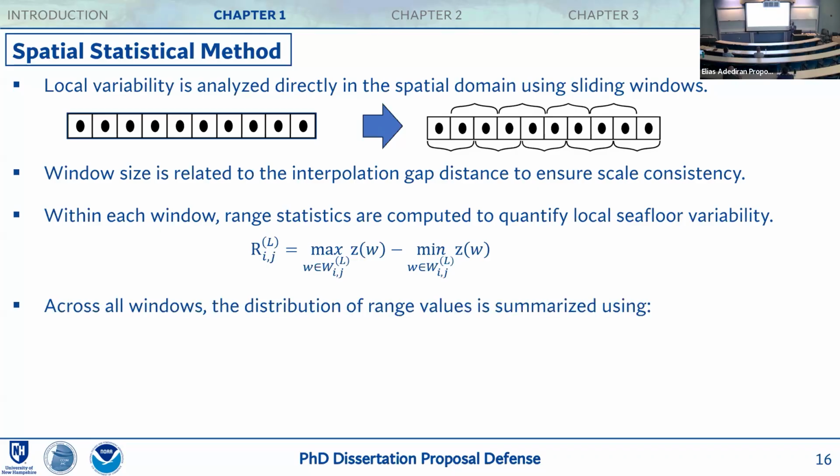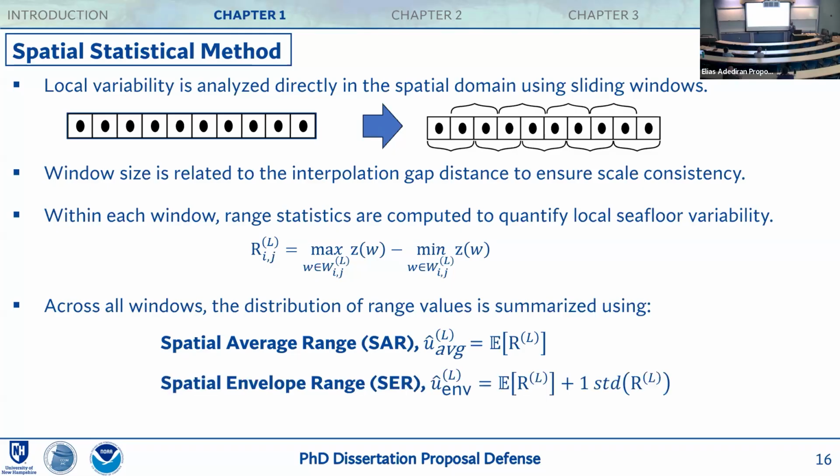And across the windows, we can summarize the range values using what I'm calling the spatial average range, which is the mean of all the range values. The second one is the spatial envelope range, which is the spatial average range plus 1 times the standard deviation. So that's the mean plus 1 times the standard deviation. And the third estimator is the spatial maximum range, which is the maximum of all the range values.